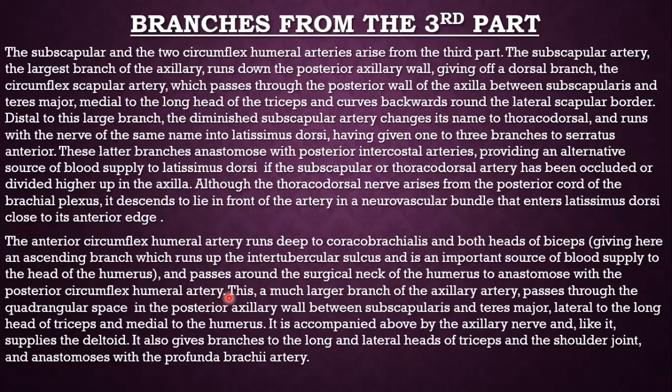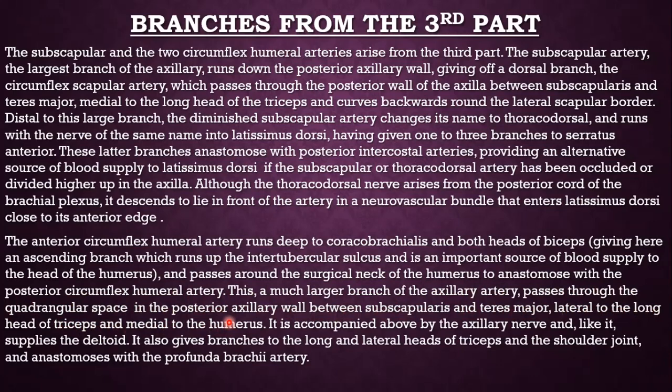Now, the posterior circumflex humeral artery is a much larger branch than the anterior one, and passes through the quadrangular space in the posterior axillary wall, that is with the subscapularis above and teres major below, but lateral to the long head of triceps and medial to the surgical neck of the humerus.